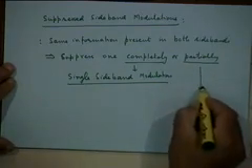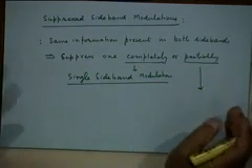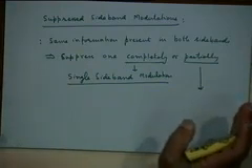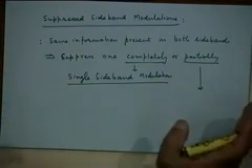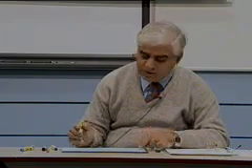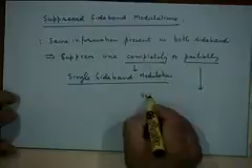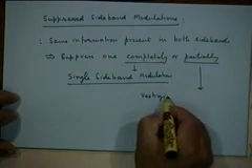When you suppress it only partially, what you typically do is transmit more or less the entire one sideband and a small portion of the other, also called a vestige of the other. And therefore we call that vestigial sideband modulation.